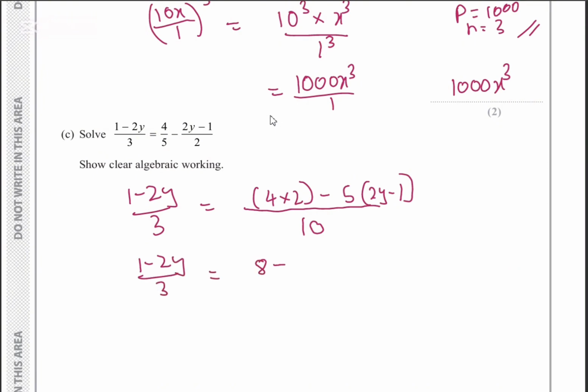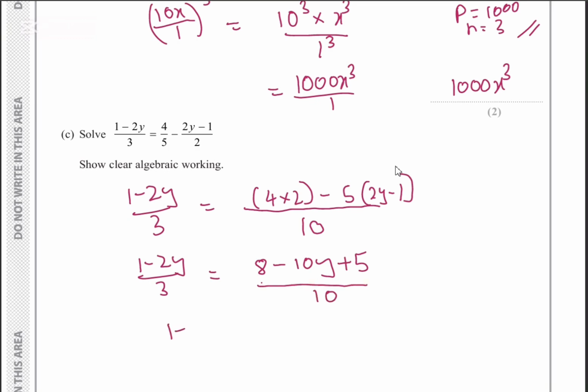minus 5 times 2y is minus 10y, and minus 5 times minus 1, minus times minus is positive, so it gives me plus 5. This is divided by 10.